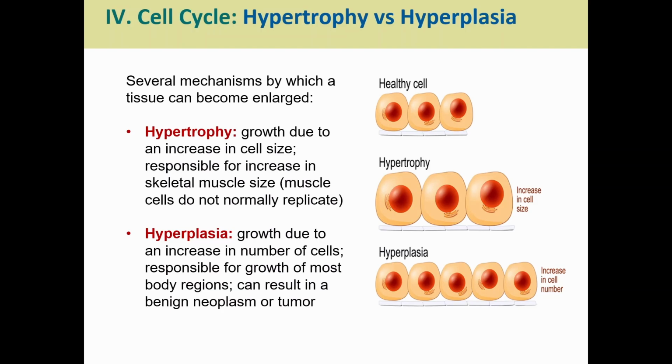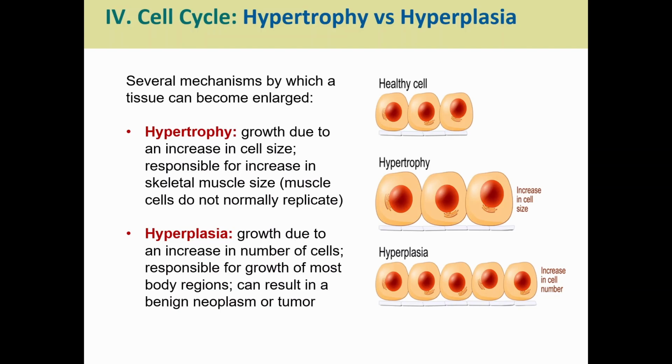So rather than make more muscle cells, the muscle cells that are already there just get larger. When you think of someone who's getting bigger muscles, right, they've been going to the gym, pumping iron, right, that's hypertrophy, which is sometimes the desired effect for someone who's trying to have a certain appearance. Hypertrophy is just because their muscle cells have physically gotten bigger.